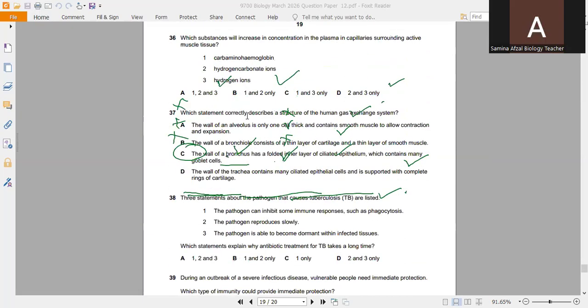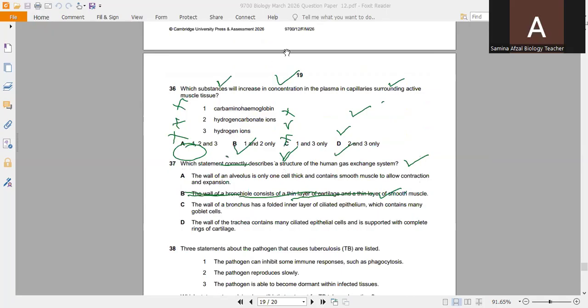Now question number 36 is there, and question number 36 is: which substance will increase in concentration in the plasma and capillaries surrounding active muscle tissues?